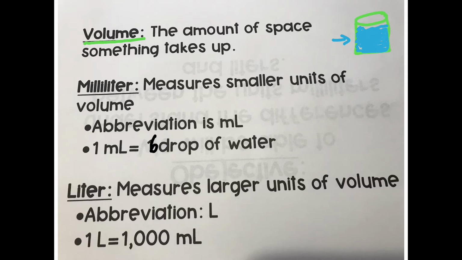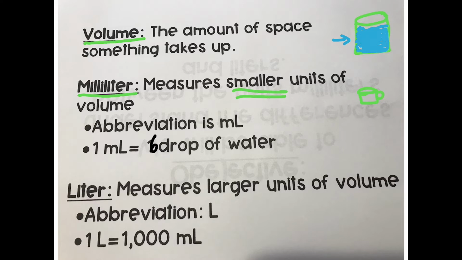The next one is milliliter. So you guys remember this one from yesterday? A milliliter is a way that we measure smaller units of volume. So if we had just like a teacup, let's say this is a teacup, we would want to measure that in milliliters because a teacup is not very big, right?